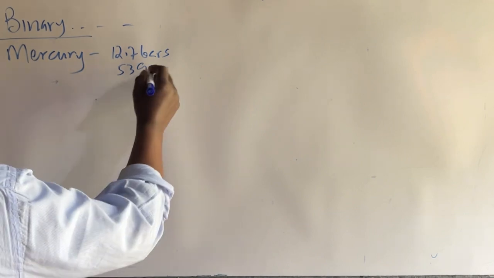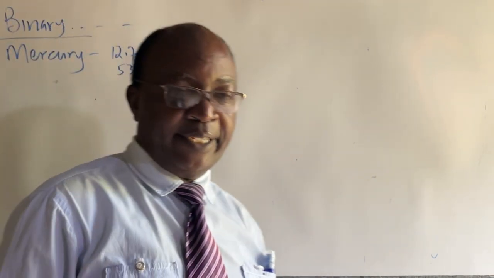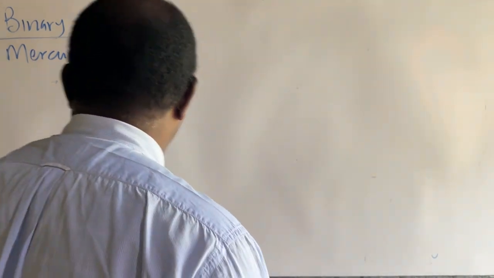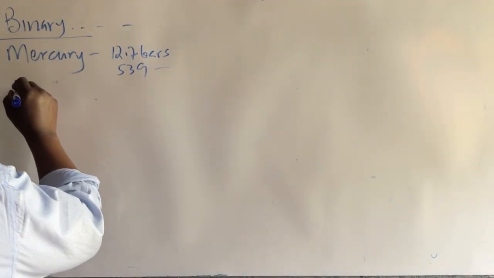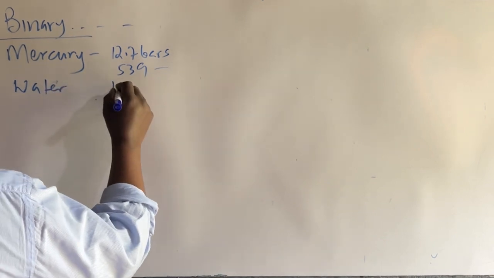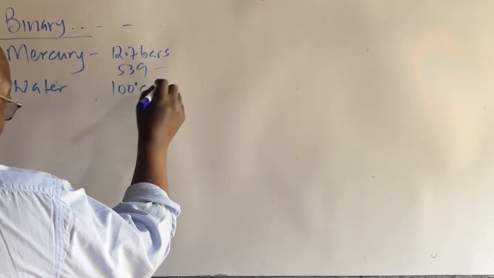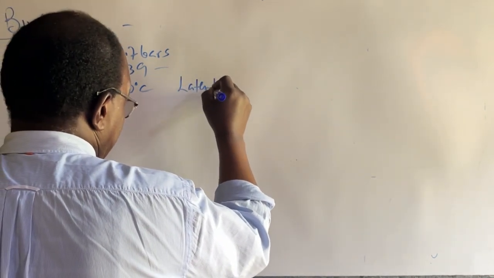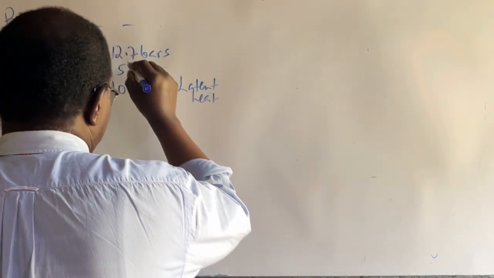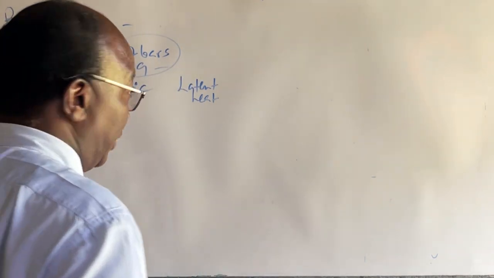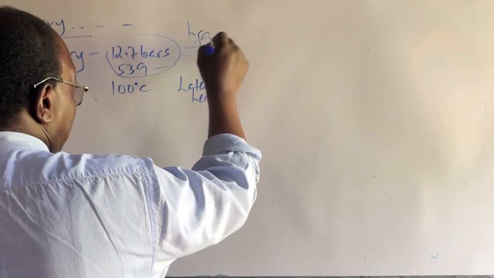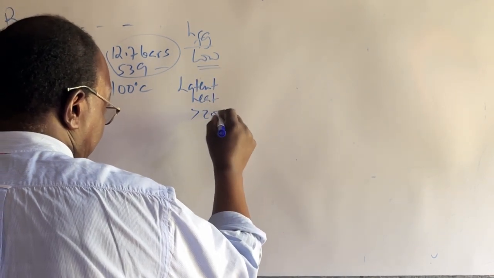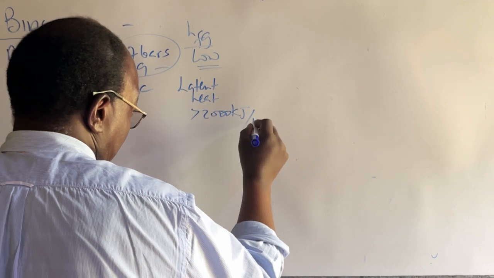And it has very low latent heat. It has got very low energy value compared to water. Where we had water, it boils at about 100 degrees centigrade, but has very high latent heat values. Unlike mercury, where the latent heat values are relatively low. This one's for water, above 2000 kilojoules per kilogram.